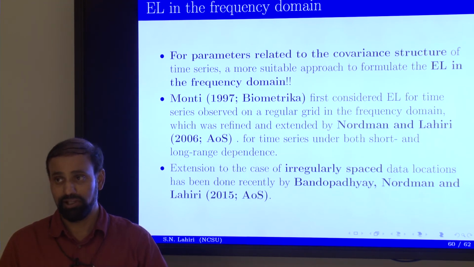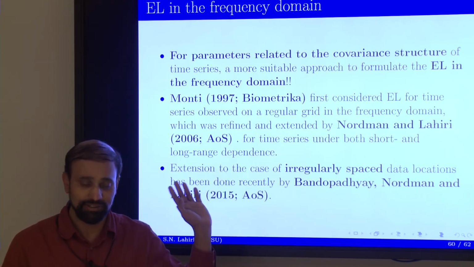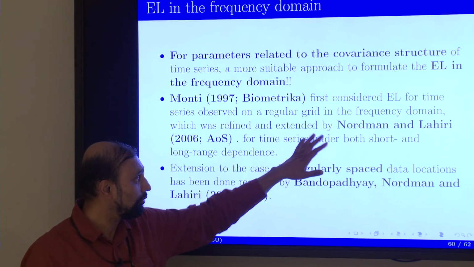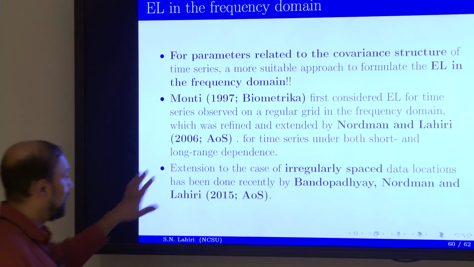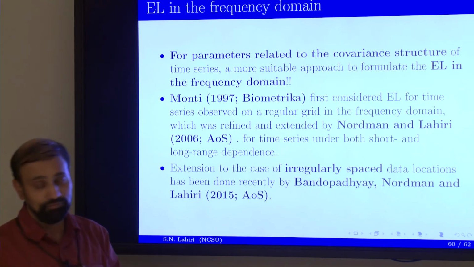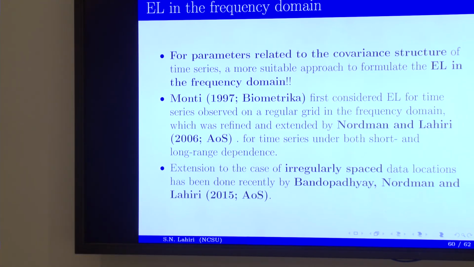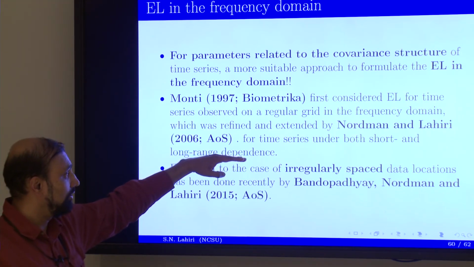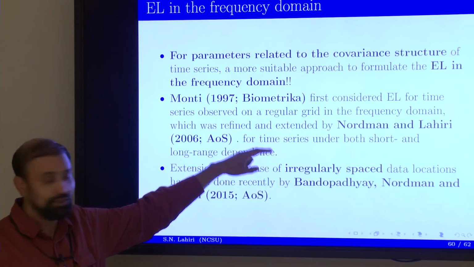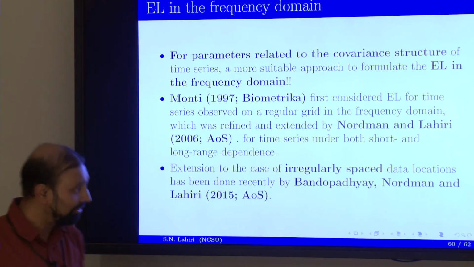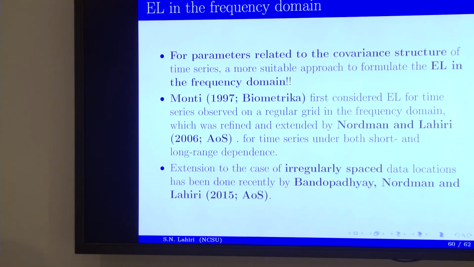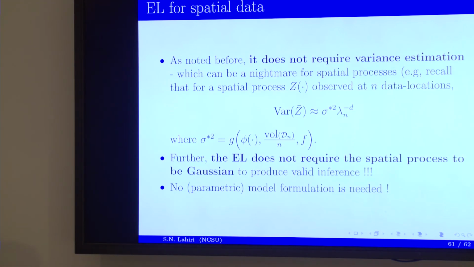And they are approximately independent, and most of the results we'll go through. There is a paper by Nordman that says even under long-range dependence, you get sensible answers when you're using the frequency domain empirical likelihood. These are with regularly spaced time series data. If you go to the irregularly spaced case, that is something very recent, but there is an answer that you get.